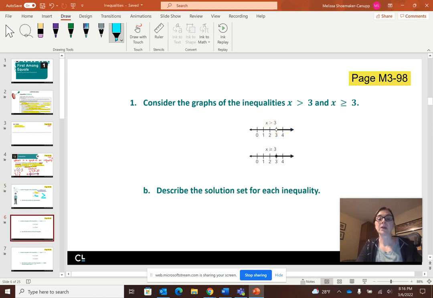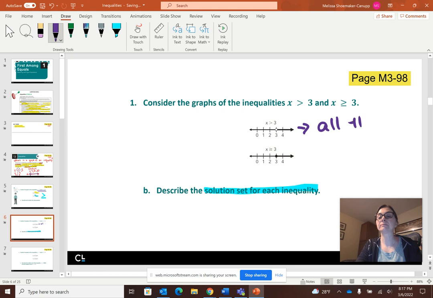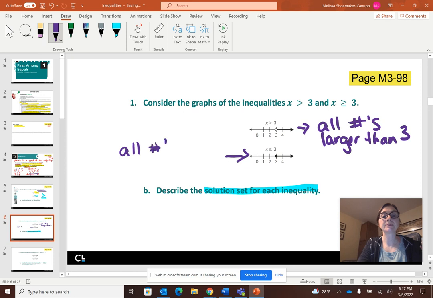Let's take a look. Describe the solution set. Well, that's just looking for words here on B to describe the solution set for each one. This one, all numbers larger than 3. Well, this one, all numbers larger and including 3.